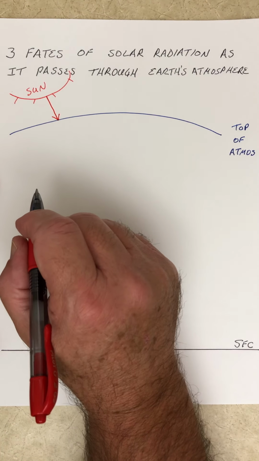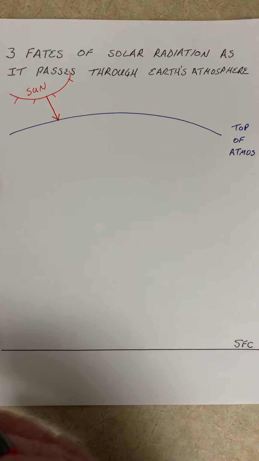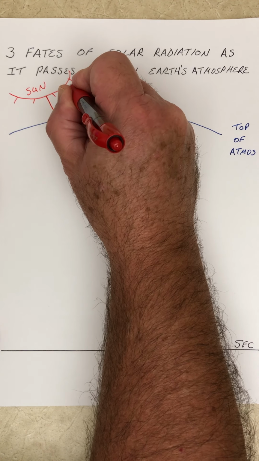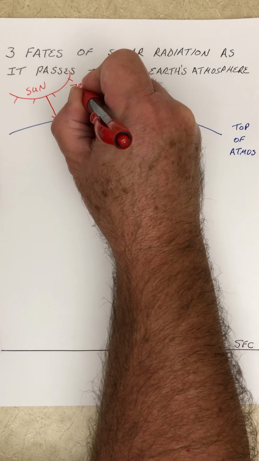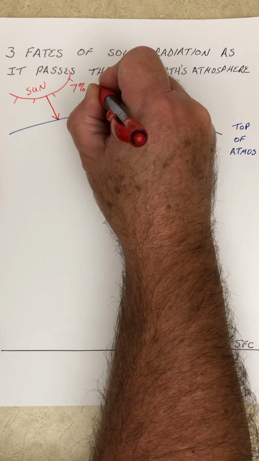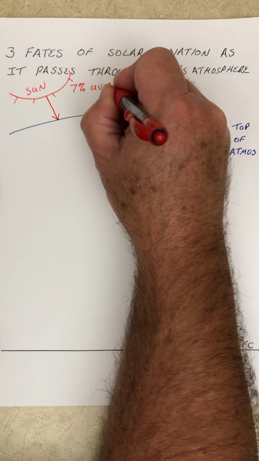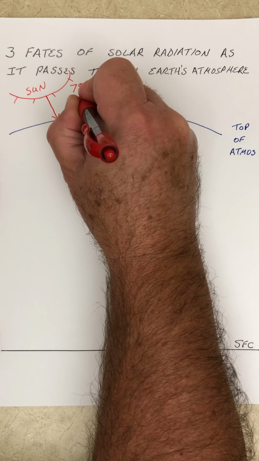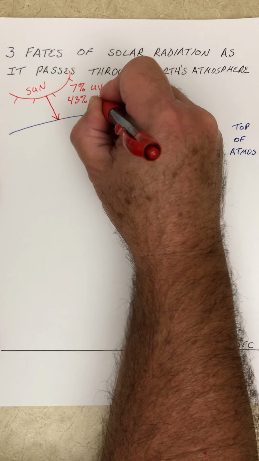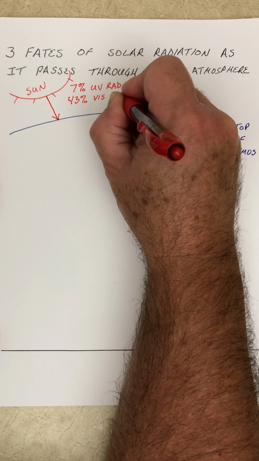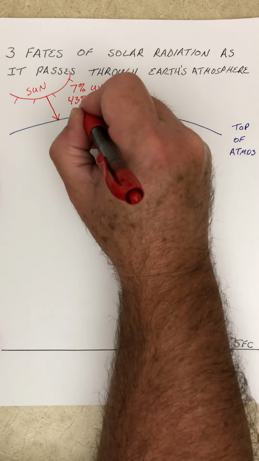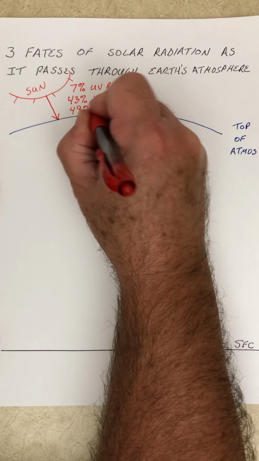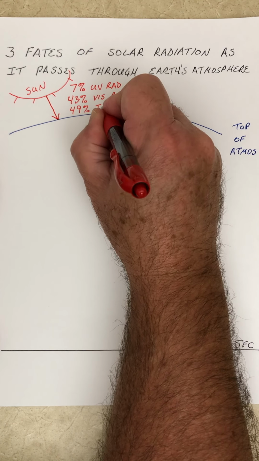And so the first thing we can do is remind ourselves, what is this solar radiation made up of? Approximately 7% of that is ultraviolet radiation. Approximately 43% is visible radiation, and approximately 49% of that energy is infrared radiation.